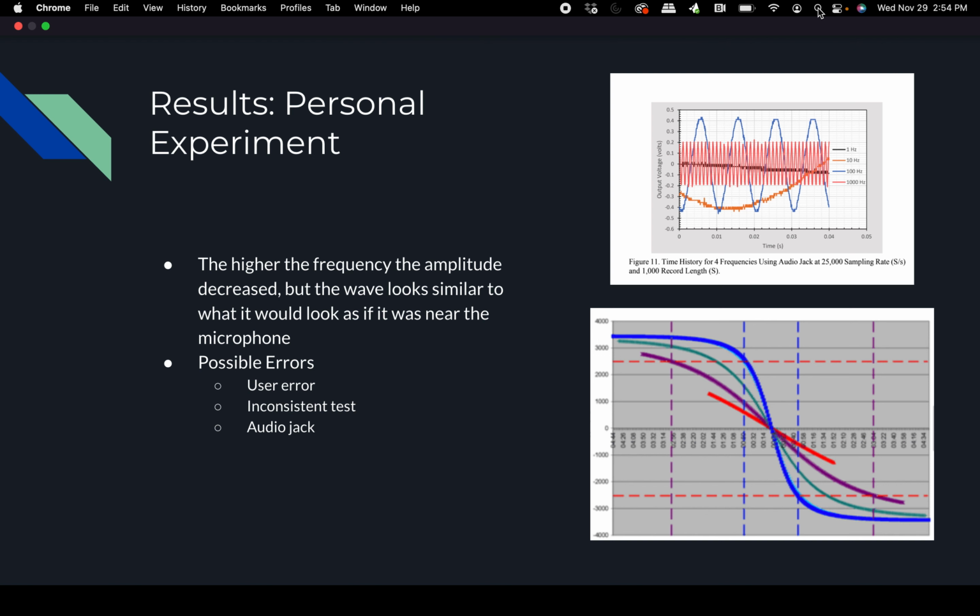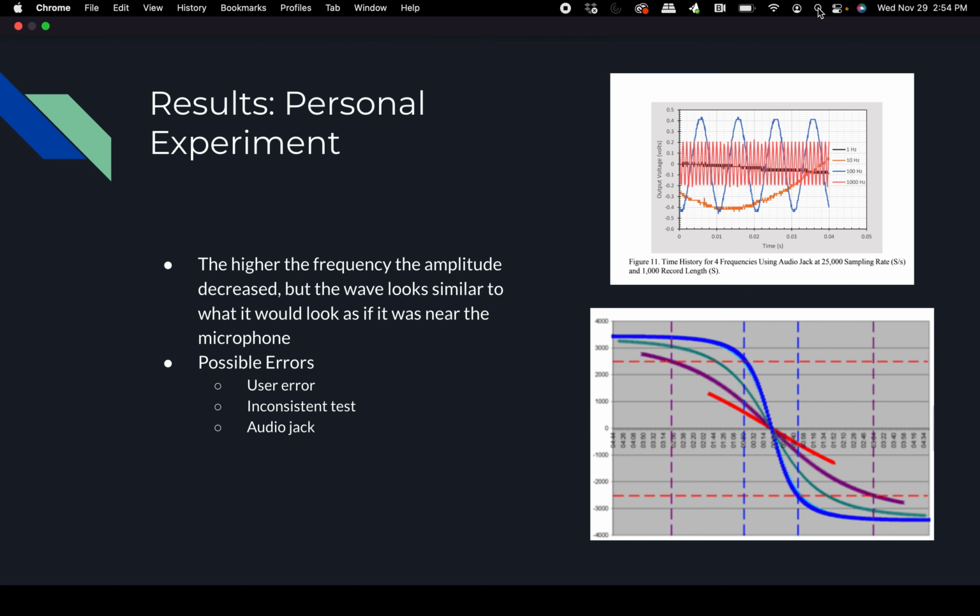The higher the frequency, the more the amplitude decreased, but the wave looks similar to what it would look like if it was near the microphone. On the top right, you can see the 4 different frequencies as I dropped the phone, and you should have seen, as it gets to the middle part between 0.1 seconds and 0.03 seconds, that the frequency should have increased because the phone should have been closer to the sound source.